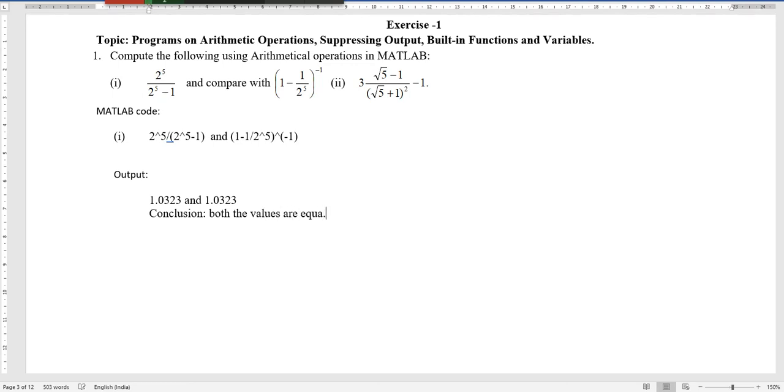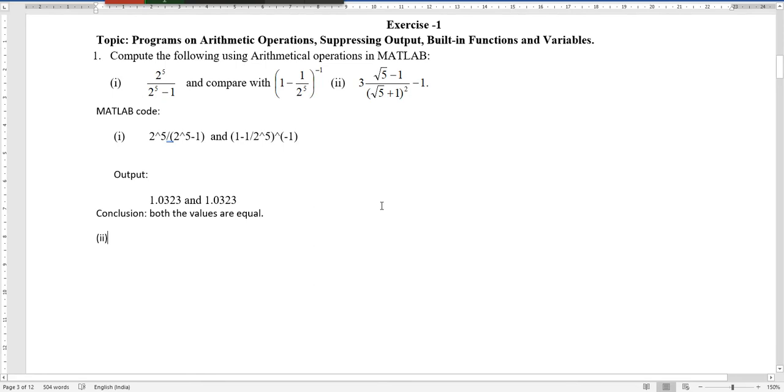Okay, this is the conclusion for the first question. I will write it somewhere. Okay, equal. Now coming to the second question, evaluate this one. Okay, I will write the Matlab code for the second one.